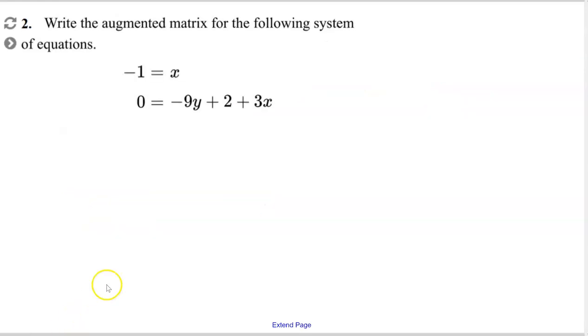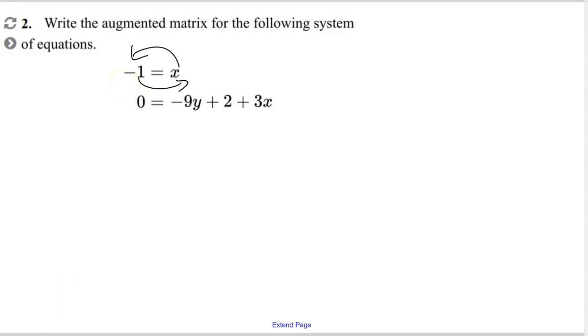Alright, number 2. So this one's got a lot going on here. We've got the x on the wrong side. We've got all of the y term and the x term on the wrong side over here. So I want to change it. First I'm just going to swap this over here.